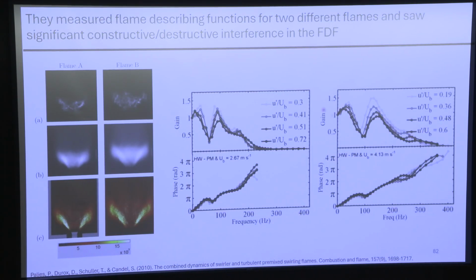On the left are pictures of flame A and flame B. You can see flame A is a little bit shorter. This is just an instantaneous flame image. And this is the line of sight integrated chemiluminescence image.